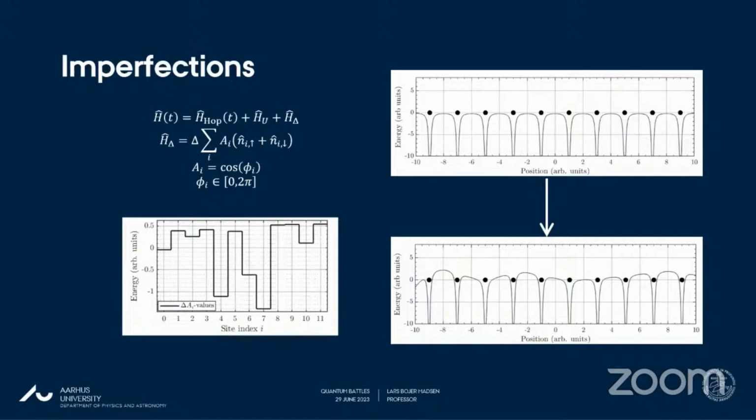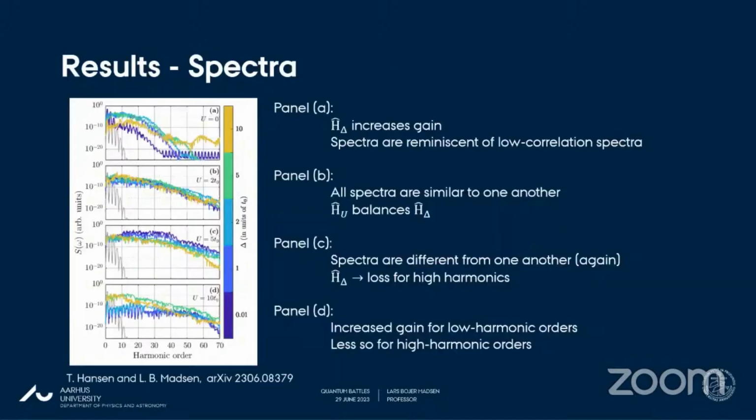One way is by adding a term, which is the same as people have used when they study Anderson localization. It's a shift of the chemical potential at the sites. What we were interested in was how this noise level and the amount of correlation play together. That is what is shown here.